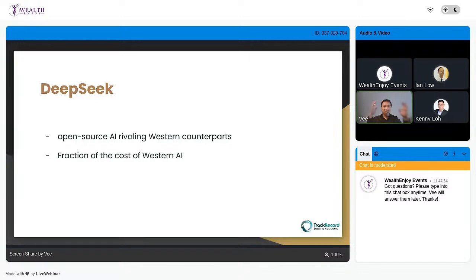Suddenly everything's, oh no, it's so cheap, I can get it for so cheap, I don't need so many of these semiconductor chips. Maybe we are mispricing, we need to reprice our expectations of profits for US tech, right?